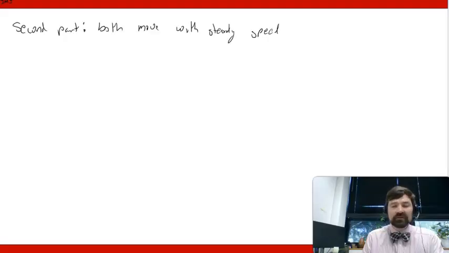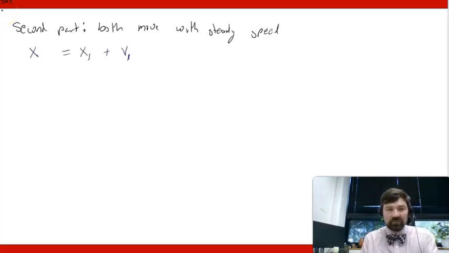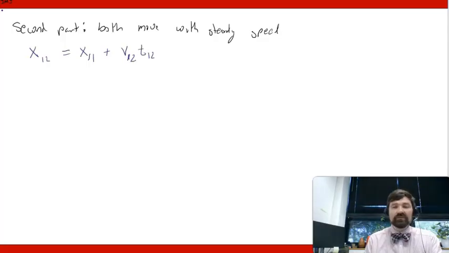Now we're ready for the second part, where both are moving with steady speed. The first one should look like x12 equals x11 plus v12 times t12. And the green runner, x22, should look like x21 plus v22 t22.